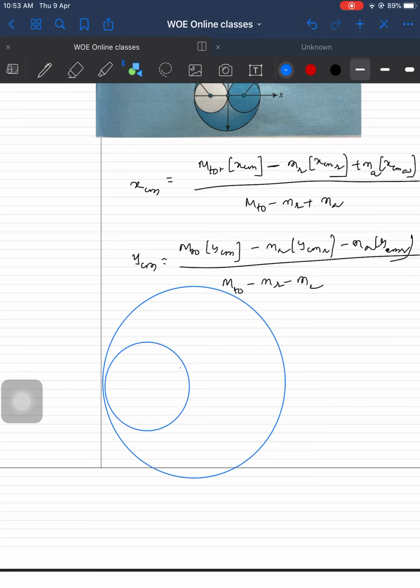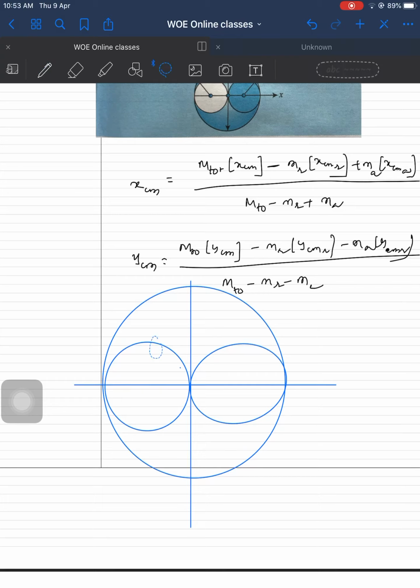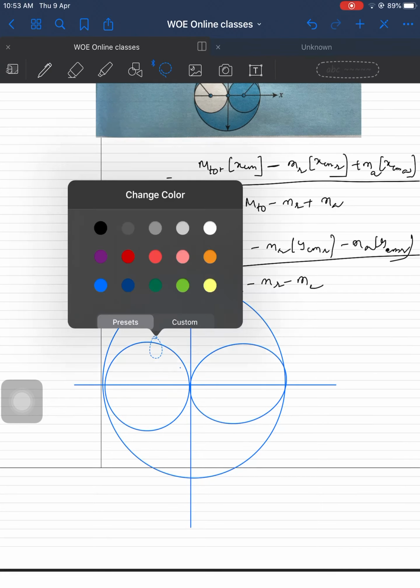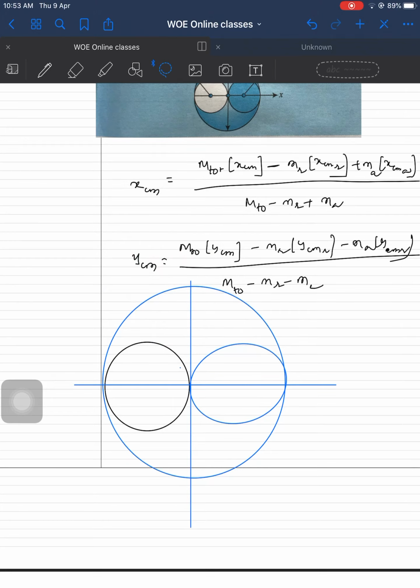That is kept on the other side. Now this diagram is not so accurate, but we try our best. Now I am changing the color of the removed part. The removed part is black, and here it is added.